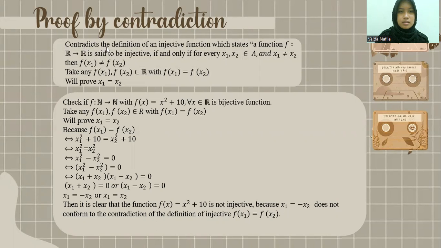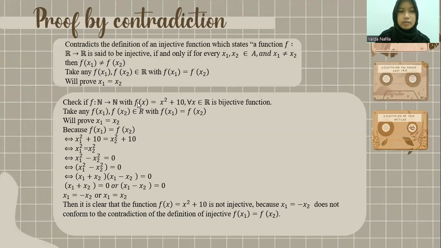The definition of an injective function states a function f, real to real, is said to be injective if and only if for every x1, x2 element A and x1 not equal x2, then f(x1) not equal f(x2). Take any x1, x2 element real with f(x1) equal f(x2). We'll prove x1 equal x2.